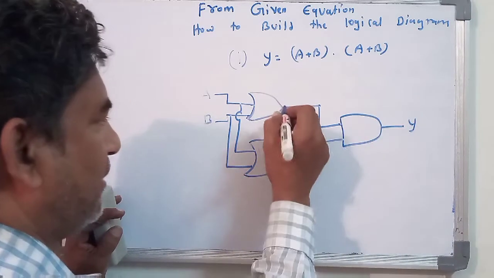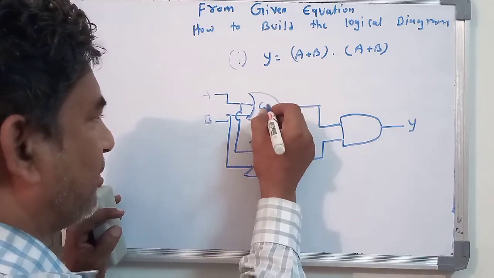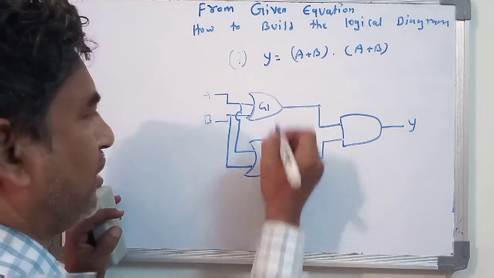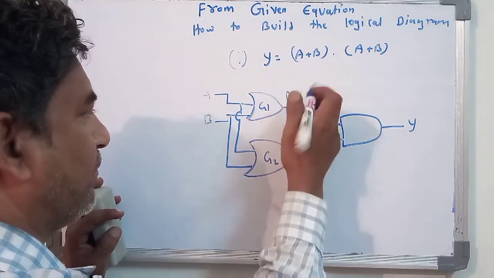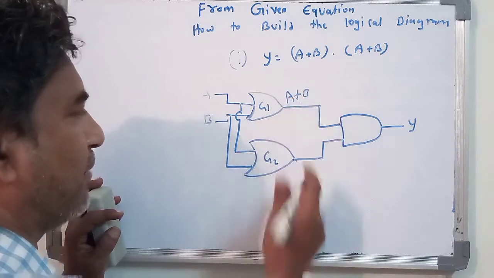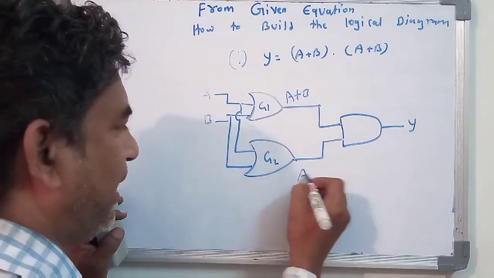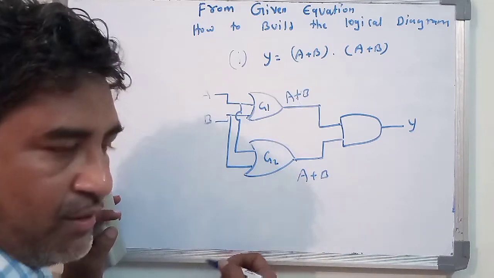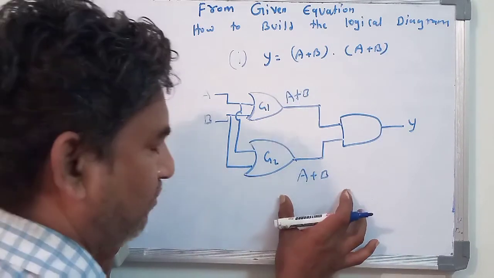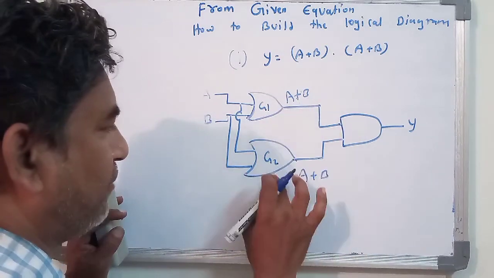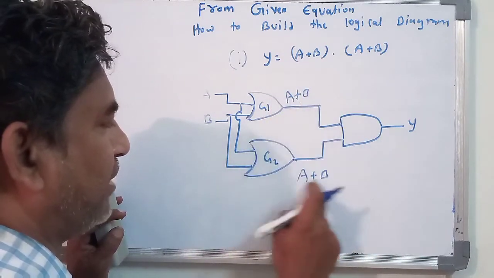At gate number 1 and gate number 2, the gate number 1 equation is a plus b, and the gate number 2 equation is again a plus b, because the two variables are common. Since we have plotted the outputs for gate 1 and gate 2, they are a plus b and a plus b.